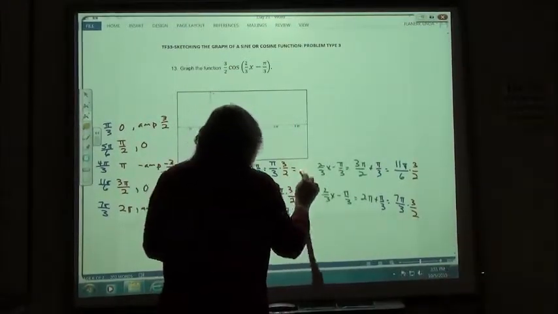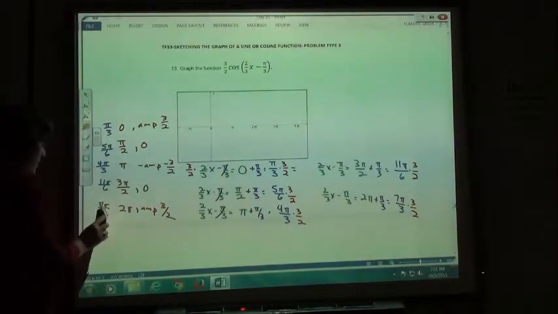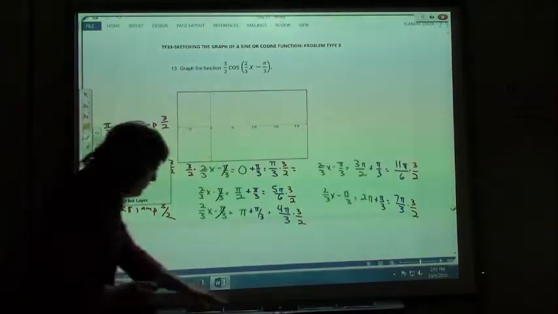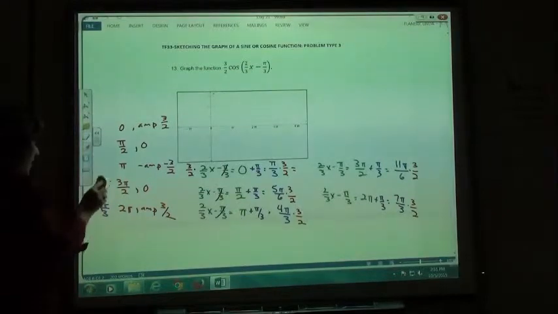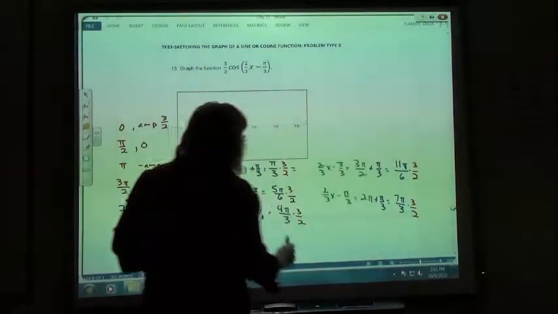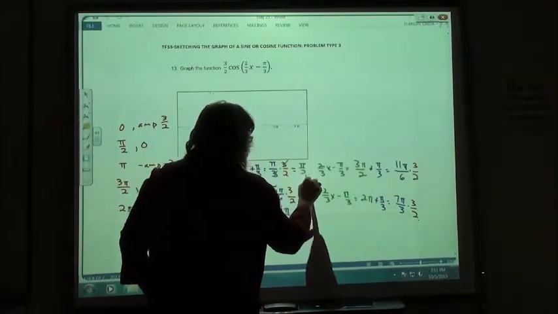So now, let's get rid of those because those were not my end numbers yet because I cheated. So now, if we multiply, this is going to give me pi over 2.